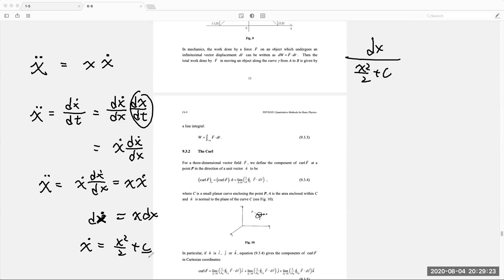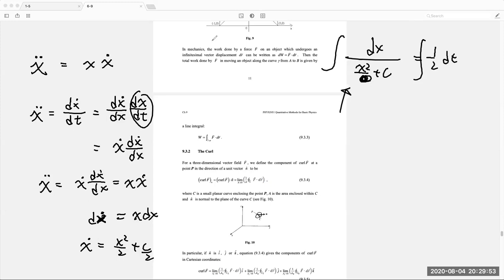Let me write down the constant as c over 2, it's easier. And how to solve this is your integration skill problem. Actually, this one should be arctangent. Then we have solved this one already.